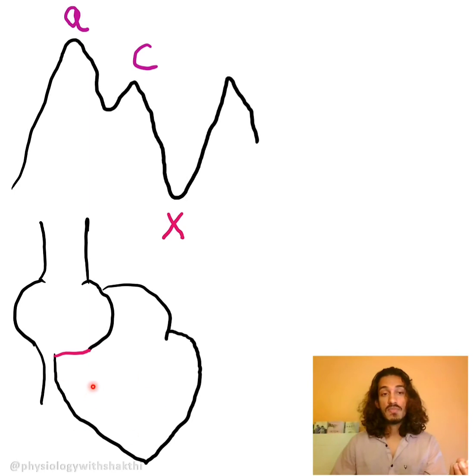After this, once the pressure here has fallen enough after ejection, this will open up, and at the same time the ventricular filling is happening. So when ventricular filling is happening, when the pressure here rises and the pressure here decreases, that point is your V. It's a positive deflection because it's filling up more and more again.